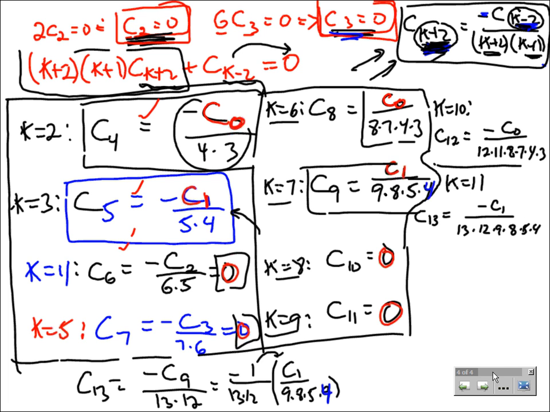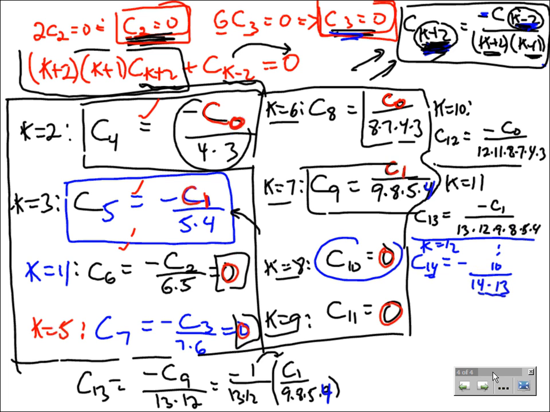That's c sub 13. Now, c sub 14 is going to be 0, because this happens when k is equal to 12. 12 plus 2 is 14. And we get negative c sub 12 minus 2 is 10 over k is 12, so it's 12 plus 2 times 12 plus 1. But c sub 10 is 0. It's going to be 0 divided by whatever that product is.